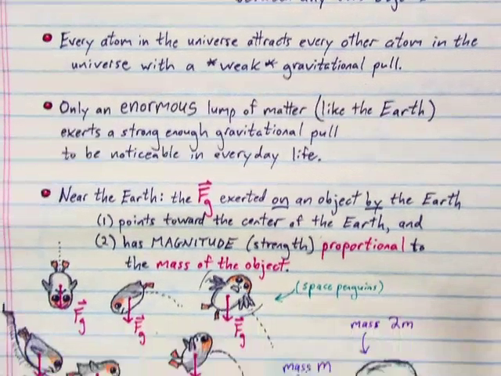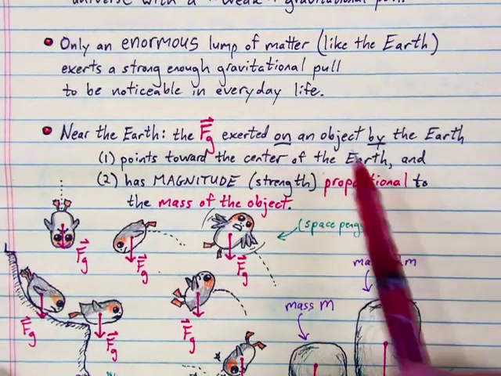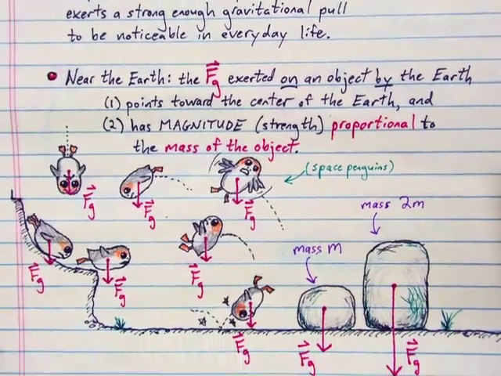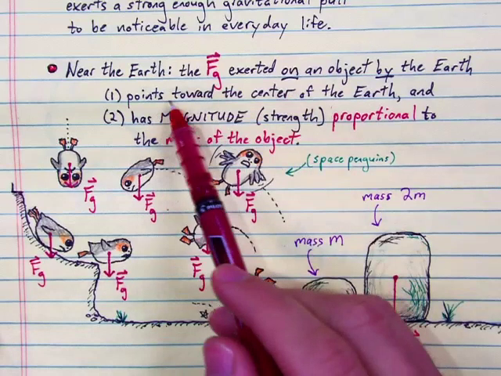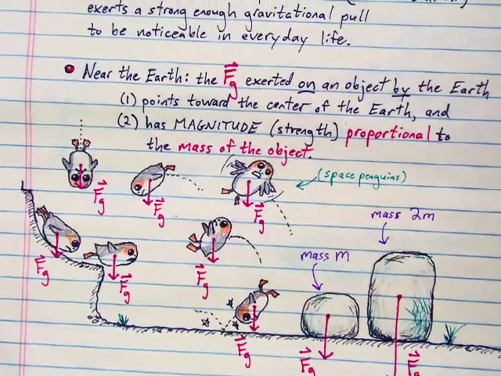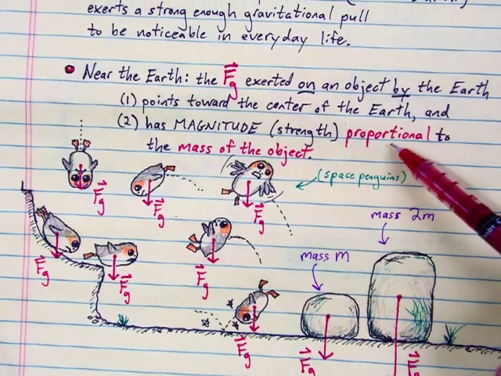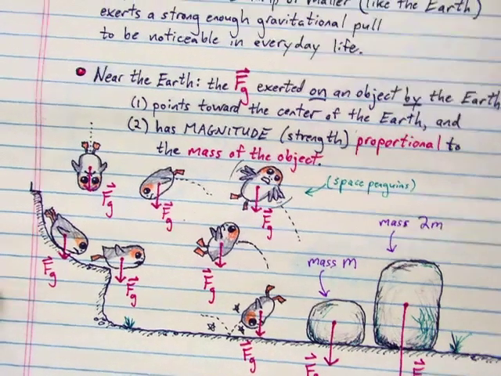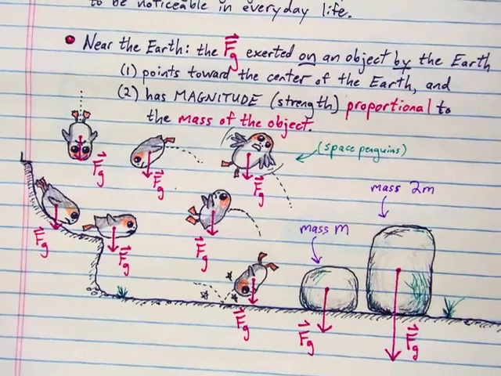If we're near the Earth, then the force of gravity exerted on an object by the Earth has these two characteristics. It always points toward the center of the Earth, and its magnitude, its strength, is proportional to the mass of the object. So more massive objects feel stronger forces of gravity.